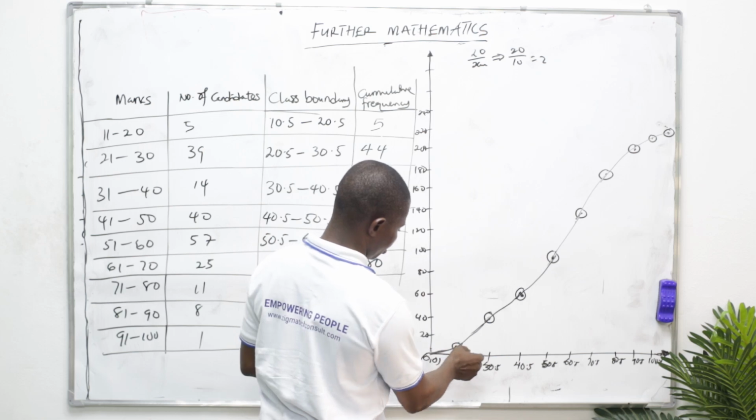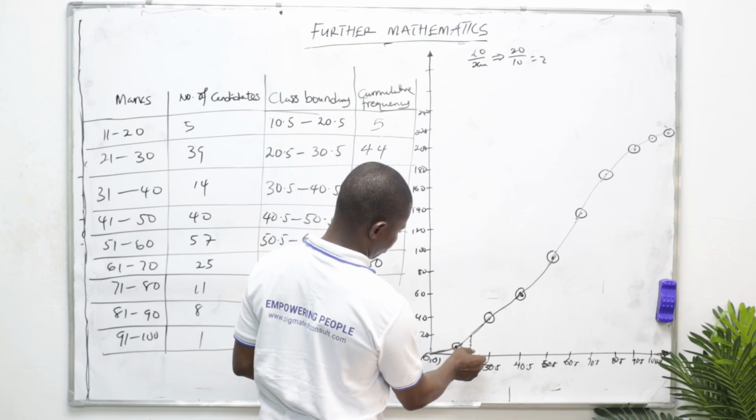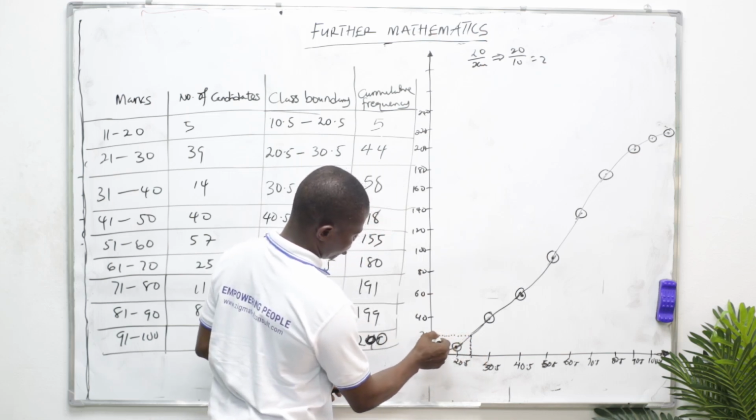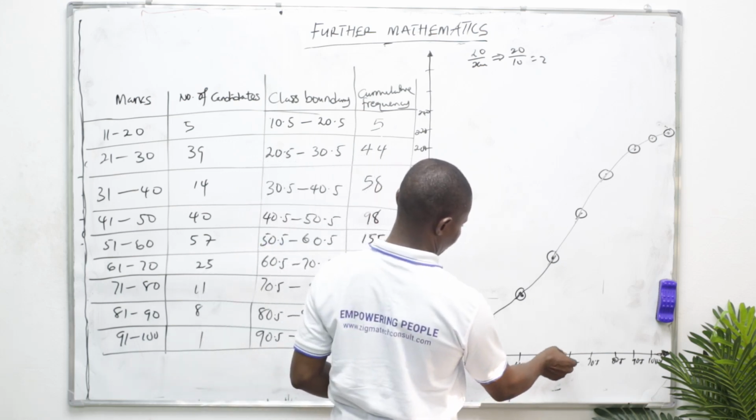This is 10, 24 around 24. You trace back. Then 58. You trace it up.